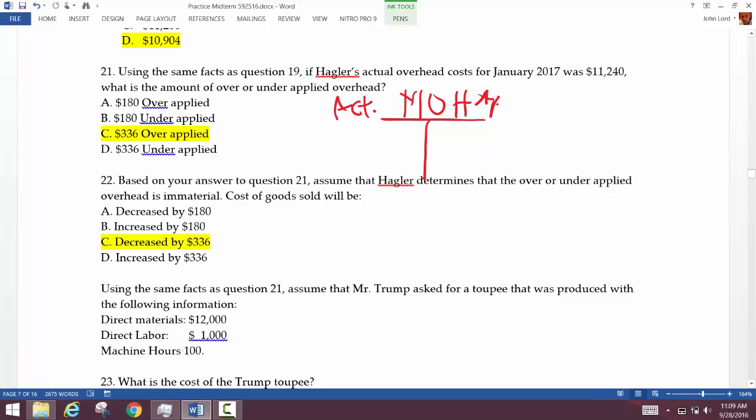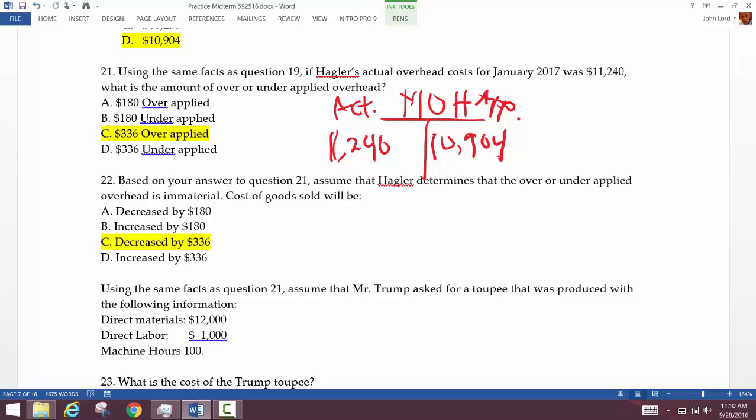Okay. So we've got our good manufacturing overhead, and we've got the actual and the applied. And you're telling me that the applied is this 10,904, right? And you're telling me that the actual is this 11,240 the problem told you, right? So are we under or over applied?